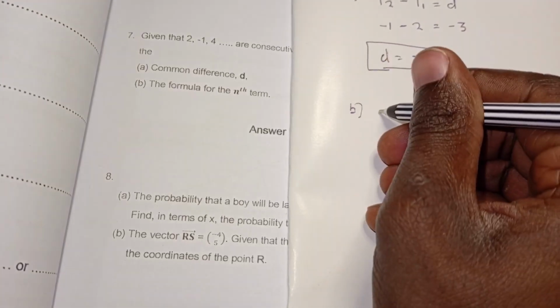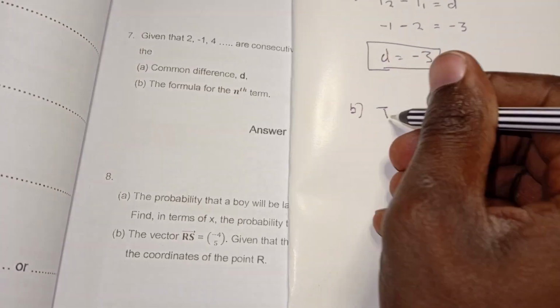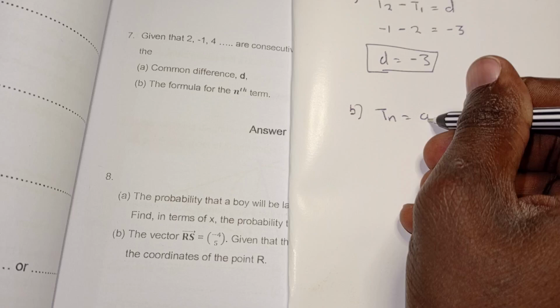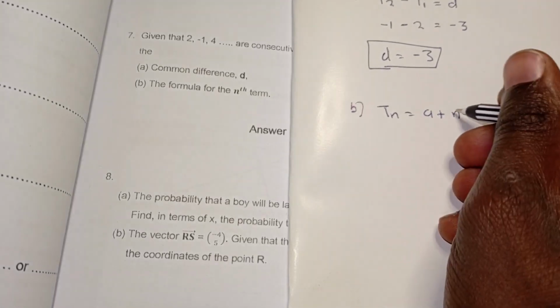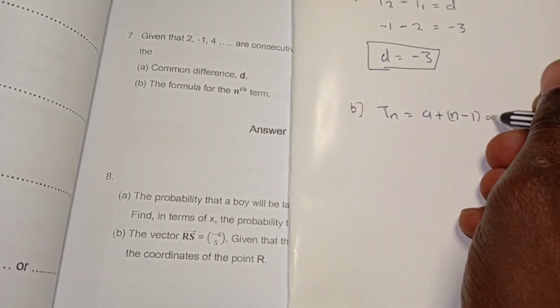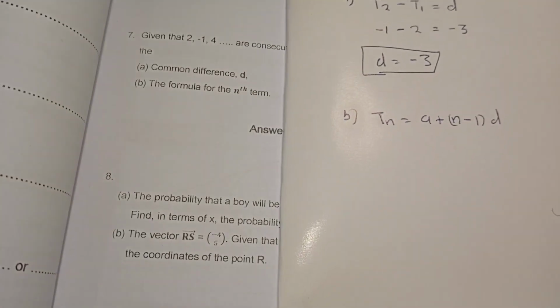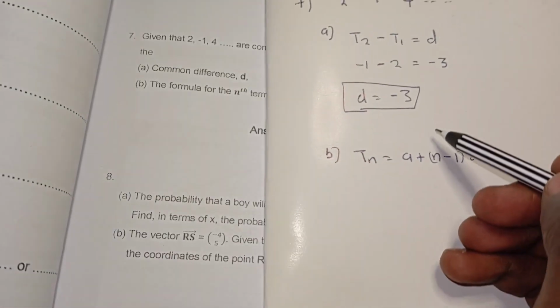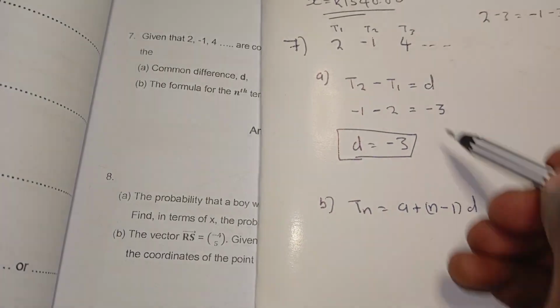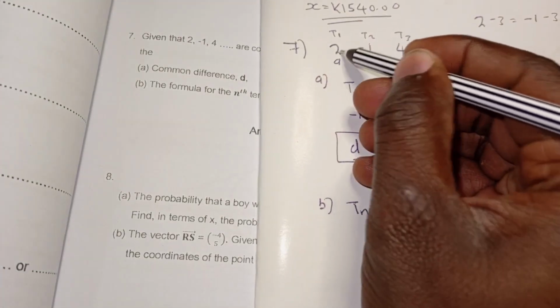For question B, the nth term Tn is equal to A plus (n minus 1) D. Here A is the first term, and the first term was 2.